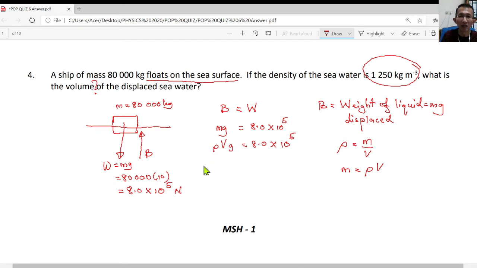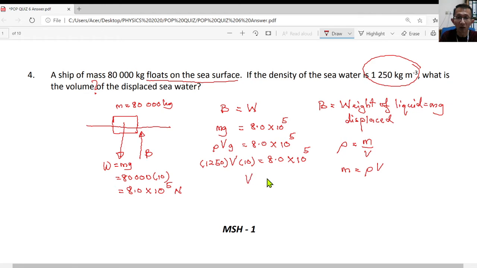My density is 1250 multiplied by the volume of the displaced seawater multiplied by gravity, equals 8.0 times 10 to the power of 5. So here you only have one unknown, so that will be easy to calculate now.